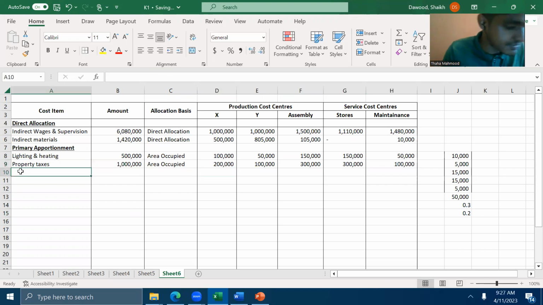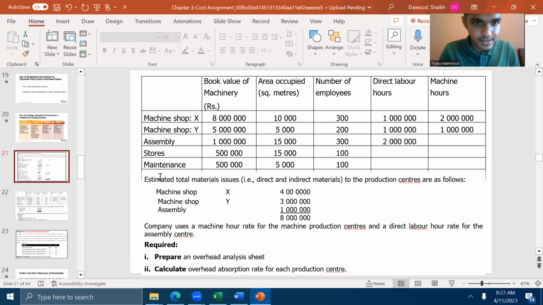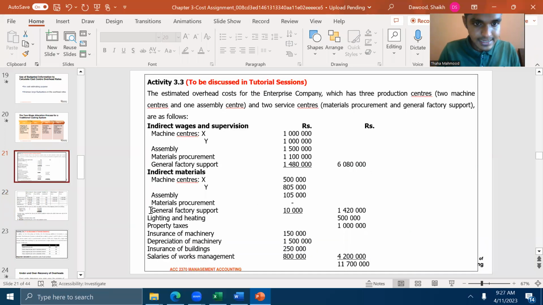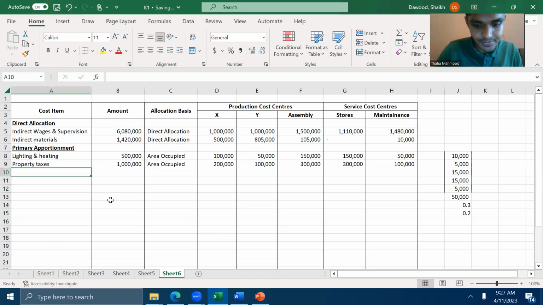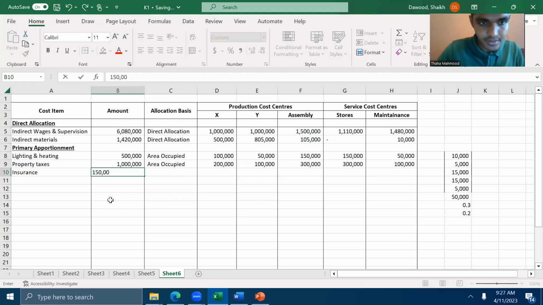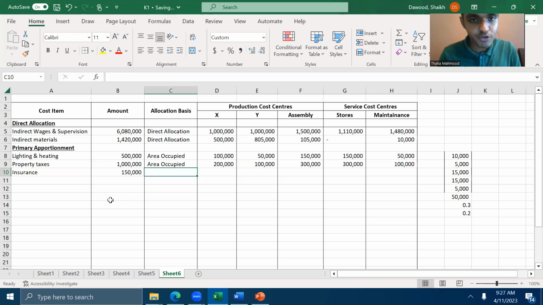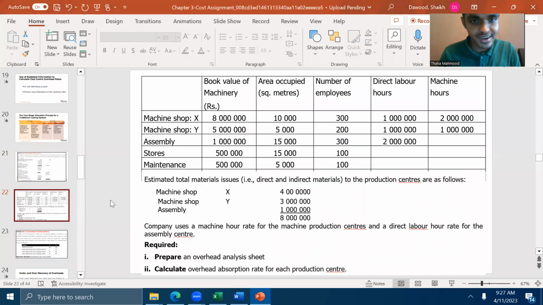The next one is insurance of machinery, 150,000. The more machines you have, the more you have to pay on insurance, right?